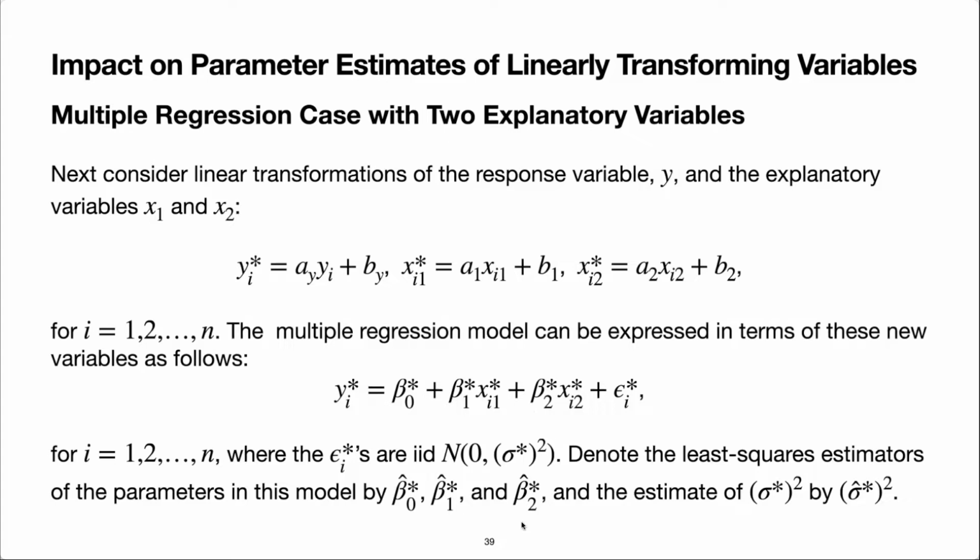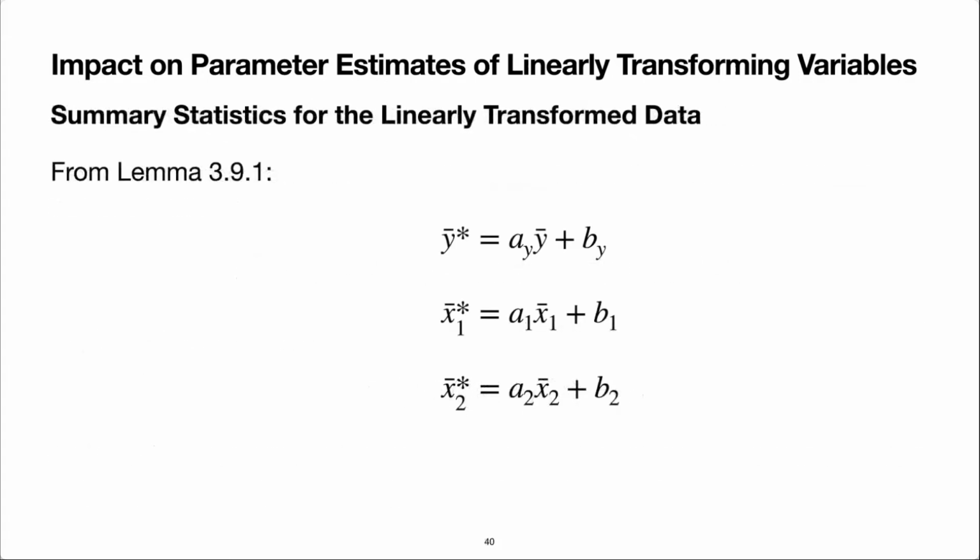And the corresponding estimator of sigma star squared, which is the variance of epsilon i star, would be denoted by sigma star hat squared. So the goal then is to estimate these parameters and to look at the relationship between those estimators and the estimators of the original model.